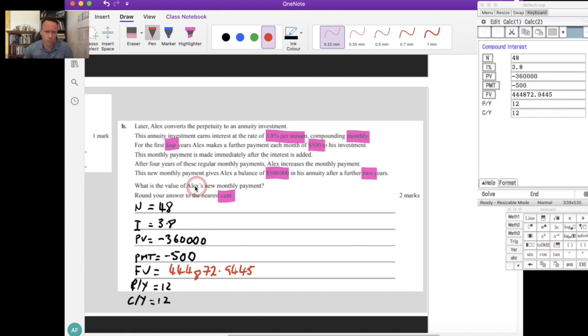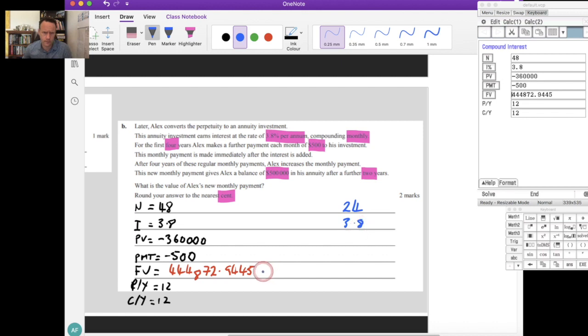We know that he wants to get to a balance of $500,000. So we're going to re-put in everything, and that's going to be after a further 2 years. So looking at that, our next calculation is after N equals 24. I is still 3.8, that hasn't changed.